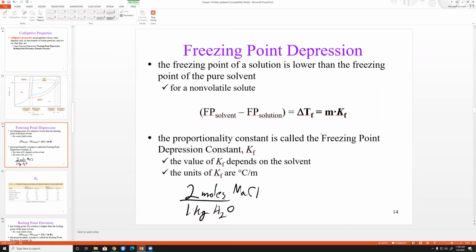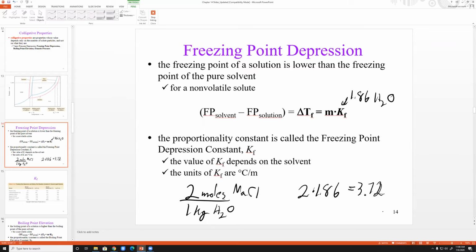So what you would do is, KF for water is 1.86. You take your molality, 2, times your KF, 1.86, and that would equal a number. Let's see which number. 1.86 times 2 is 3.72.